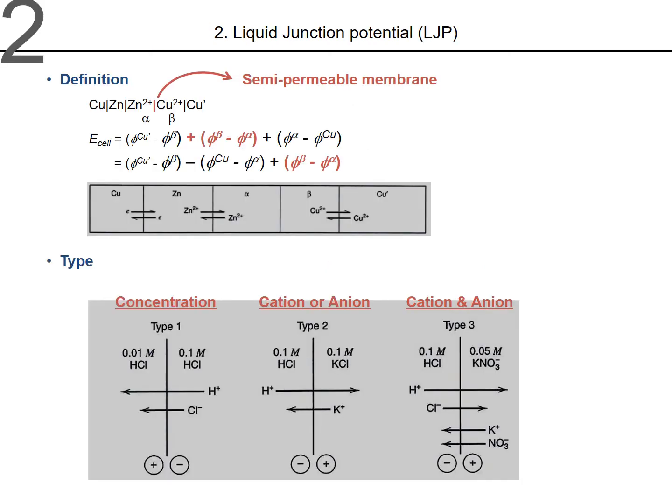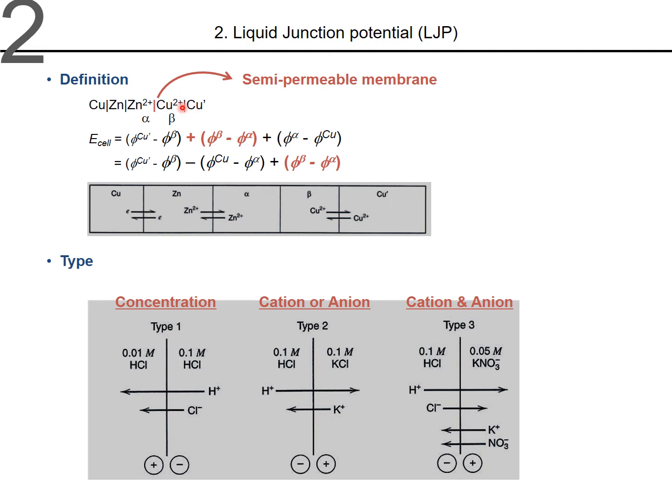This is the last subchapter 2, liquid junction potential. What is the liquid junction potential? Shortly, LJP. Here we have an electrochemical cell, copper and copper prime, which are the electrodes, and on the right side of copper prime you have copper 2 plus in electrolyte.